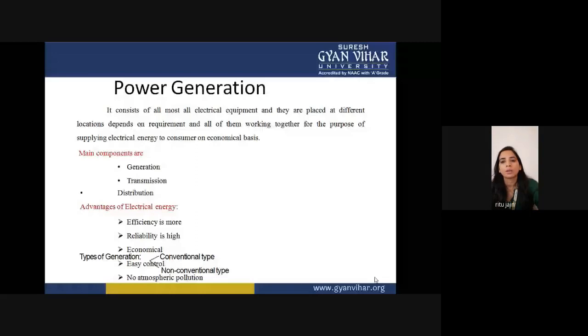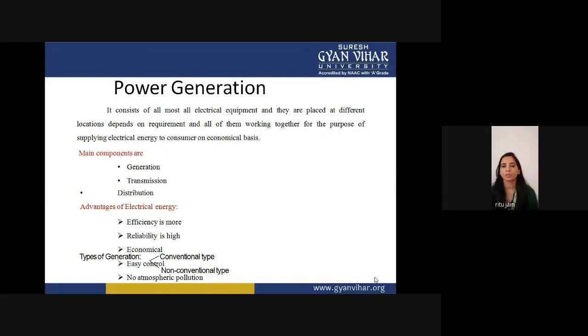And the third one is distribution. It consists of almost all electrical equipment, placed at different locations depending on requirement, all working together for the purpose of supplying electrical energy to consumers on an economical basis. So the main components are generation, transmission, and distribution.